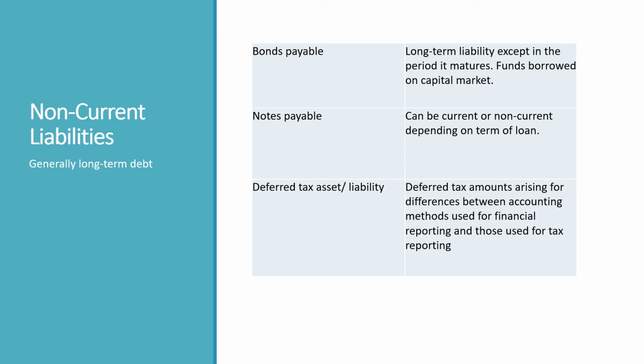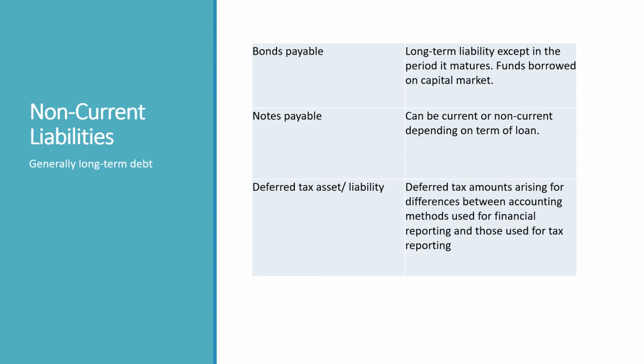And then finally, frequently you will see in the non-current liability section a deferred tax asset or liability. Deferred tax amounts arise because we might use one accounting method for financial reporting purposes and another for tax reporting purposes. This is not disallowed.